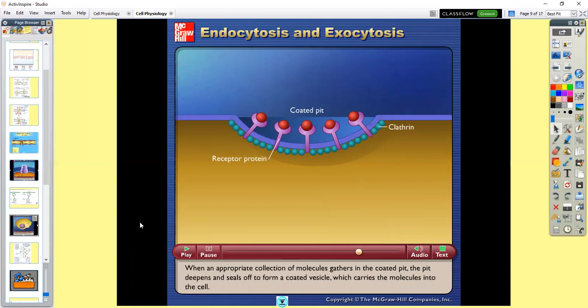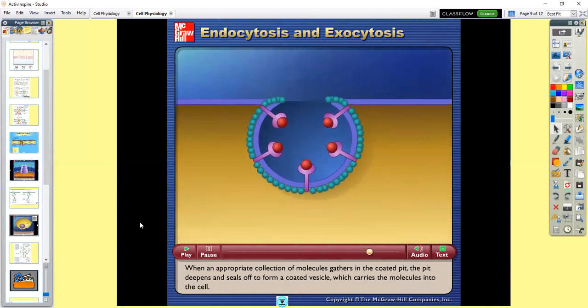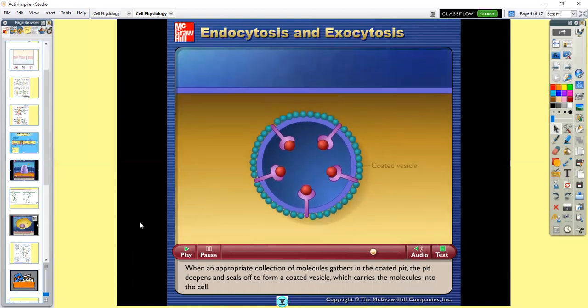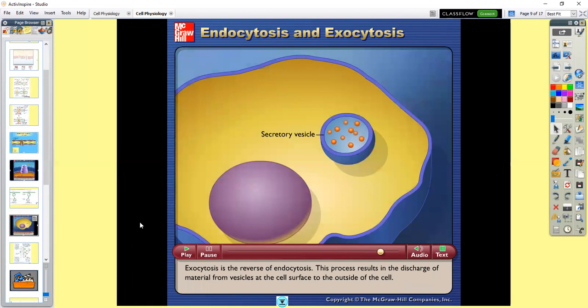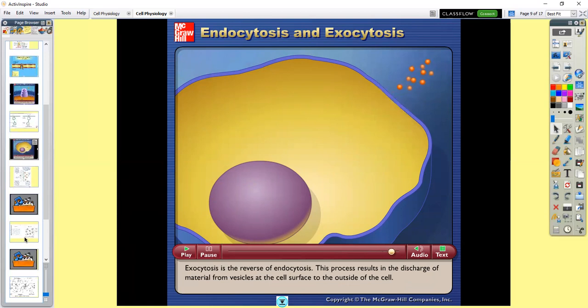When an appropriate collection of molecules gathers in the coated pit, the pit deepens and seals off to form a coated vesicle, which carries the molecules into the cell. Don't worry about that one. Exocytosis is the reverse of endocytosis. This process results in the discharge of material from vesicles at the cell surface to the outside of the cell.